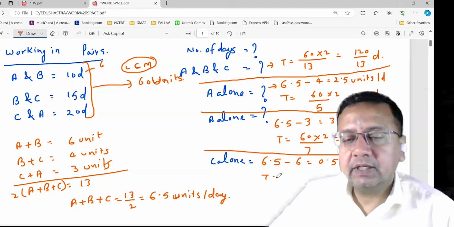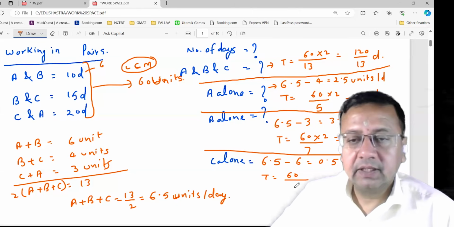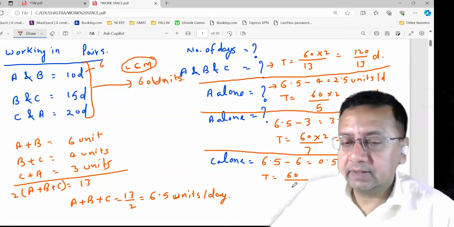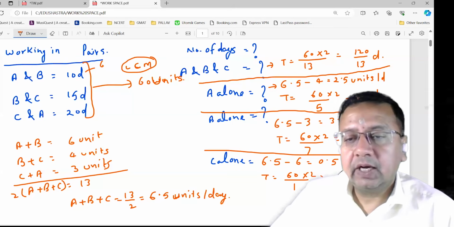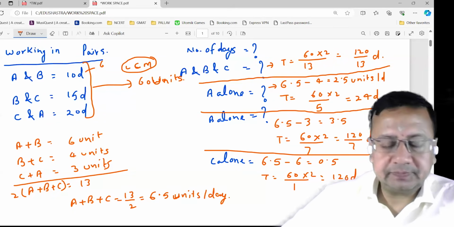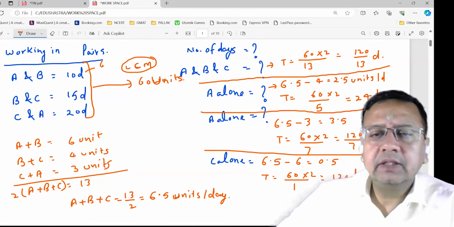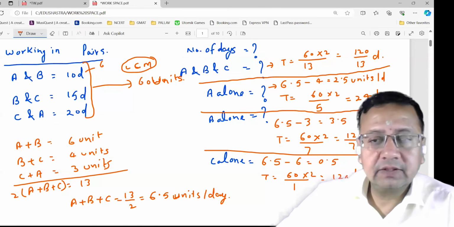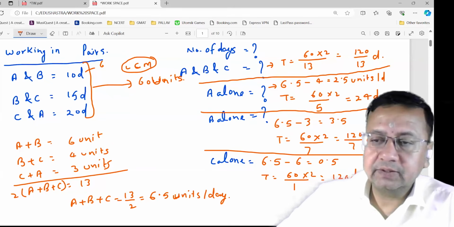For C, the time is 60 divided by 0.5. 0.5 is nothing but 1 by 2, which gives 120 days. So if all three are working together, 120 by 13; A alone 24 days; B alone 120 by 7 days; C alone 120 days, right?